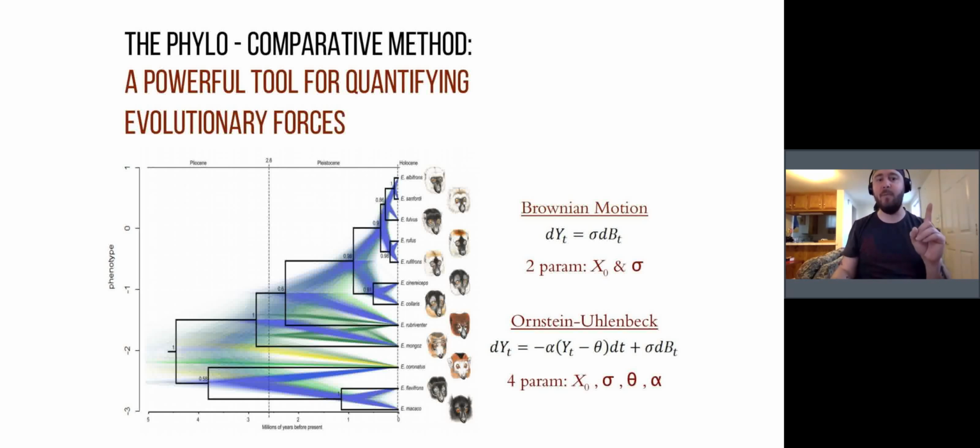But the real problem with this is that you need a tree that actually models population divergence. And this is where genomics comes in. If you have a single gene tree, and that gene tree doesn't match your population tree, all of the inferences that you make from here will be wrong. So it's imperative that you model population divergence, because what you will be using are those branch lengths and that topology of the tree.